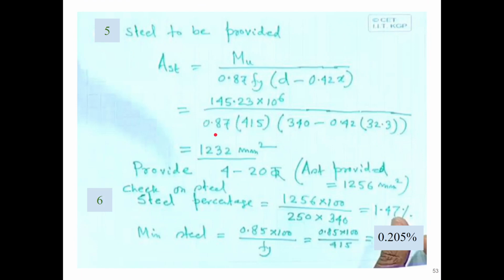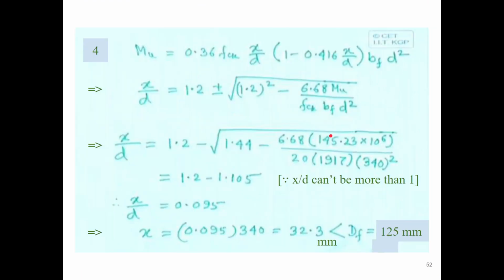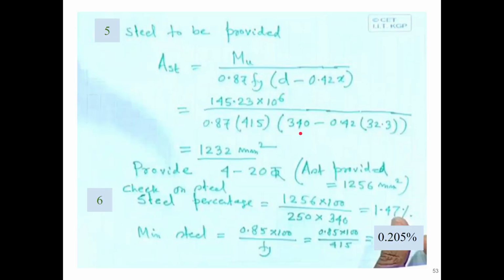And the fy value is 415. And this is minus 0.42 into 32.3, right? So this is 1232 millimeter square.